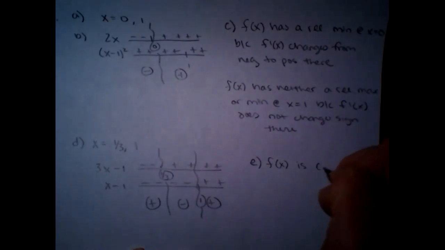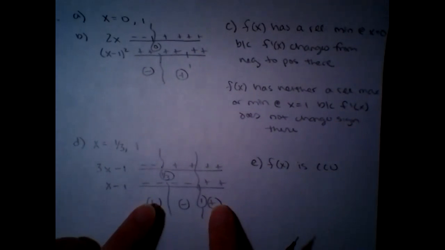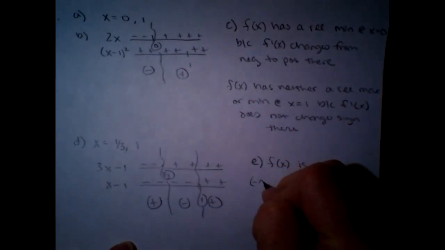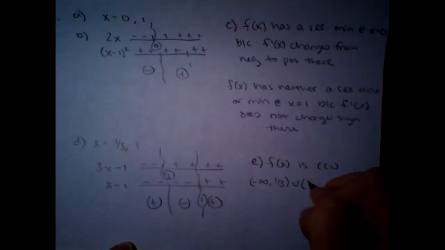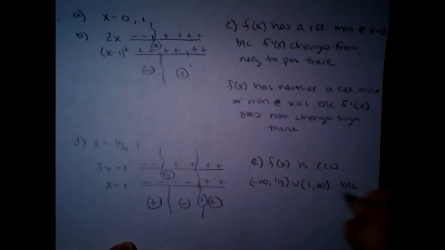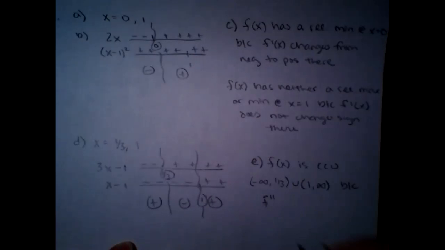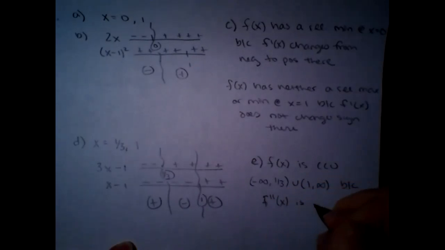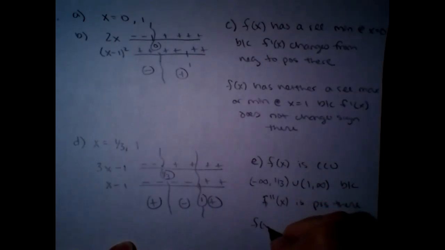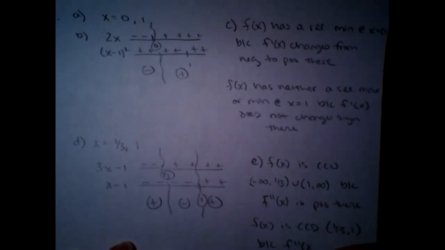So f of x is concave up on these two sections. So negative infinity to 1/3, union 1 to infinity, because the second derivative is positive there. And then f of x is concave down 1/3 to 1 because the second derivative is negative there.